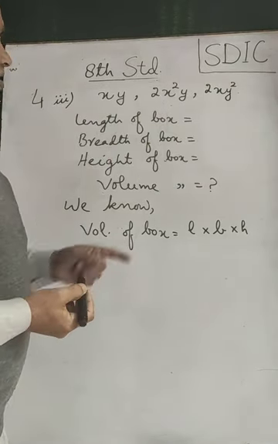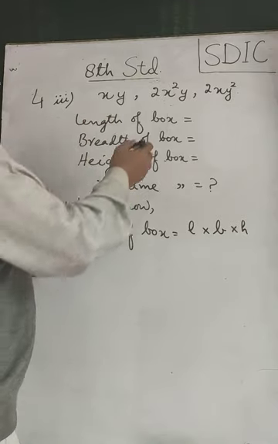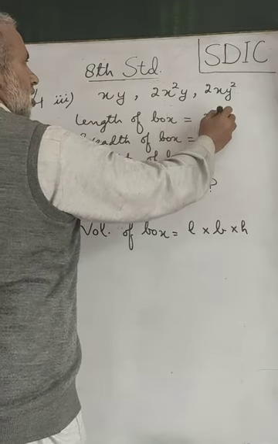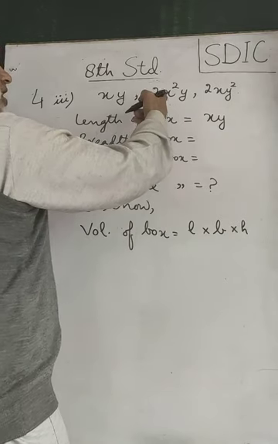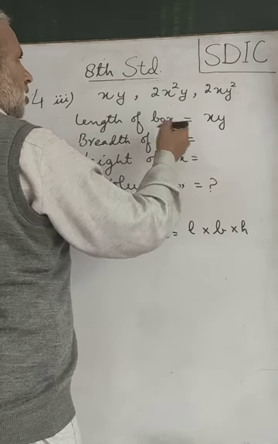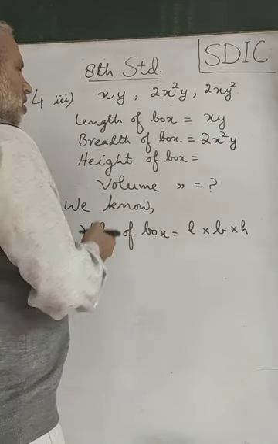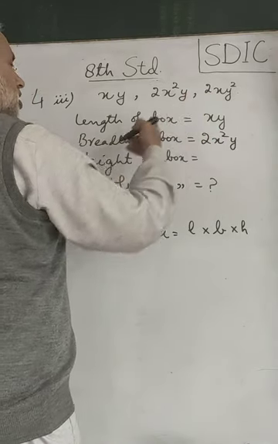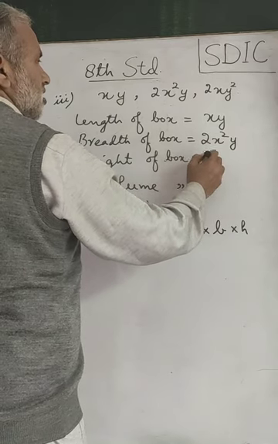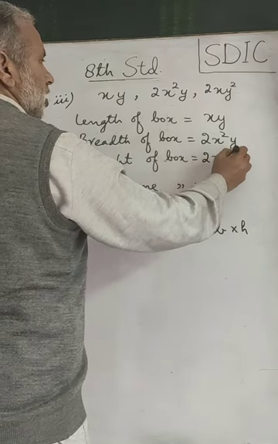Now, as per the statement, the first monomial you have to use as length. So length of the box is xy. Second monomial you have to use as breadth. So breadth is 2x square y. Third monomial you have to use as height of box. Height is therefore 2xy square.